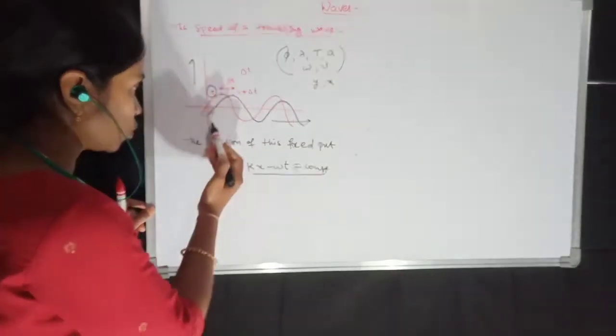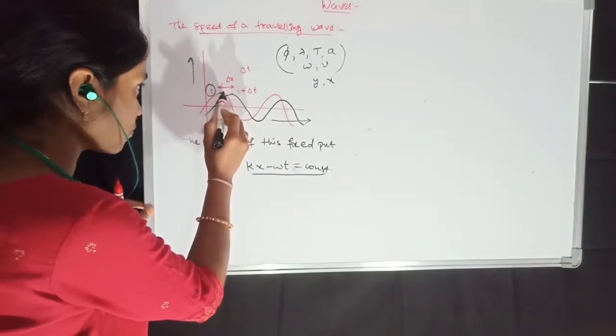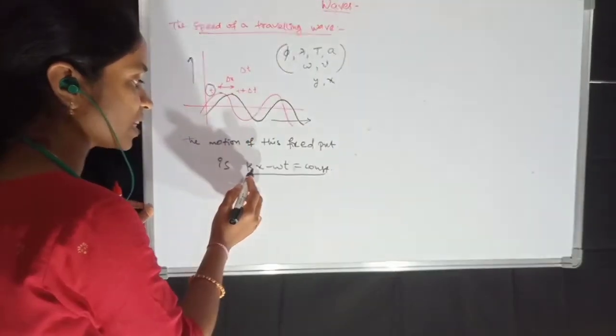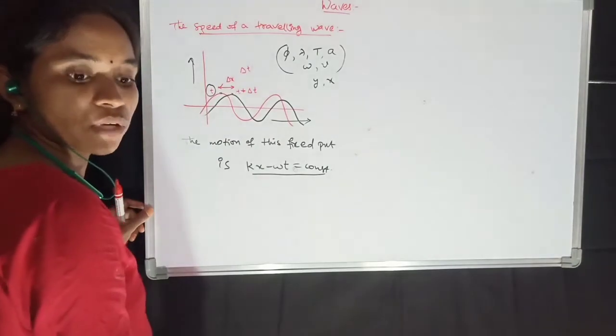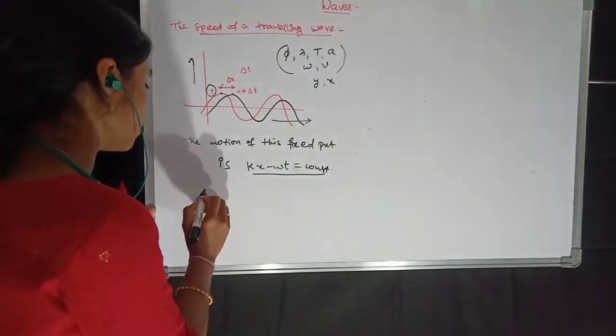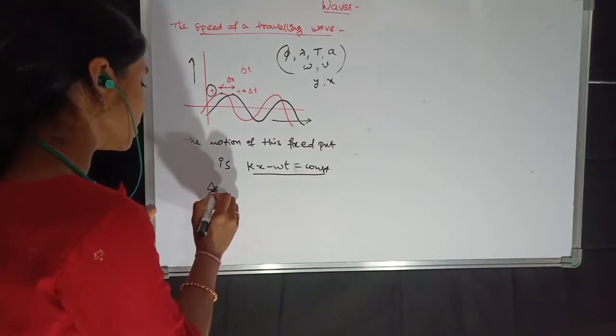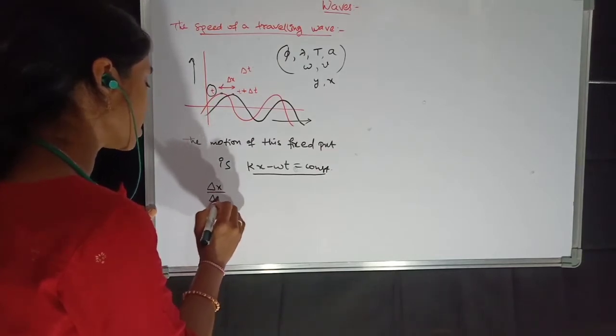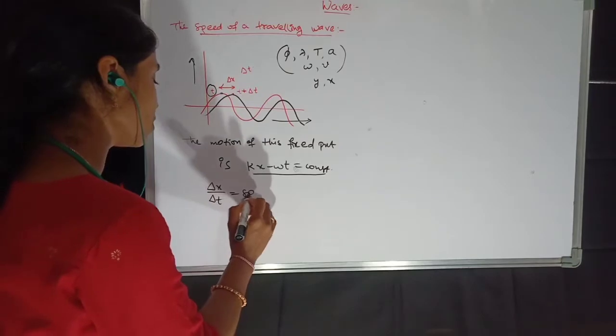So the motion of this fixed point from this point to this point is given by kx minus omega t, which is constant. Now we know that the speed of the wave is delta x by delta t.